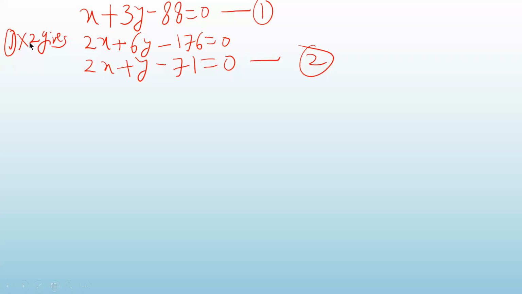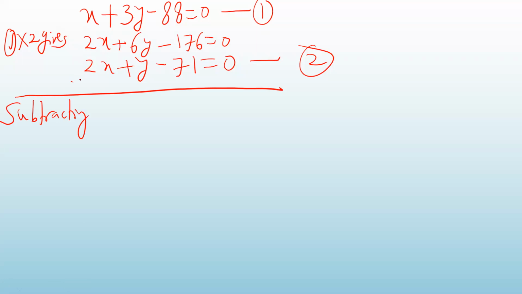Multiplying an equation by a number means each term you have to multiply. So this first equation I have multiplied by 2, and I get 2x plus 6y minus 176 equal to 0. Now in both equations the coefficient of x is the same, 2. So now I will subtract. By subtracting, you have to change the sign.